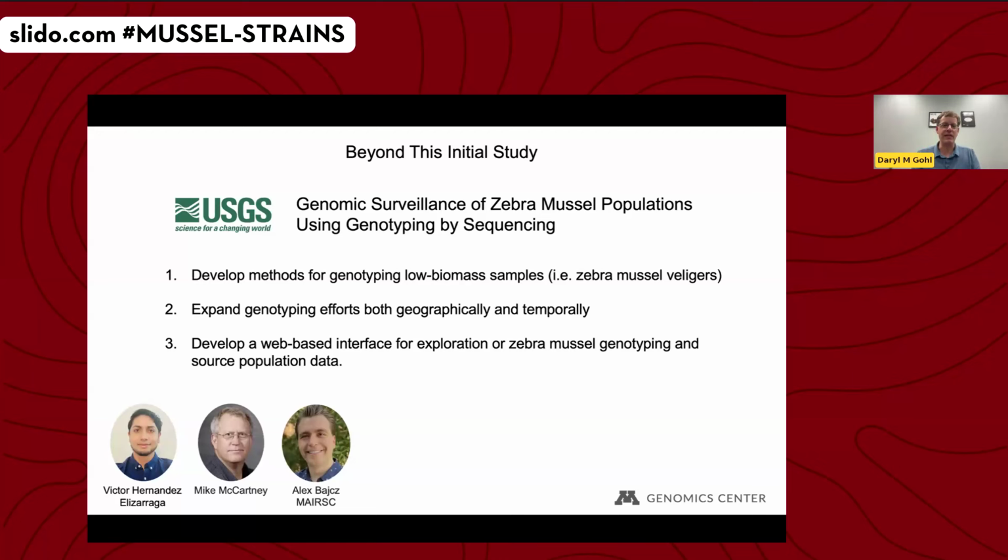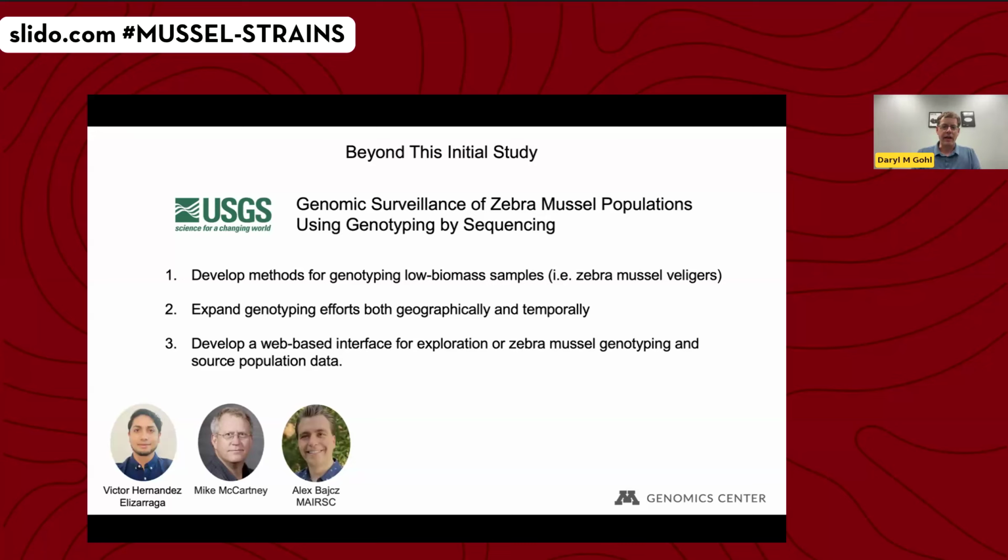That's what Victor is going to be telling you about. We're also working on expanding these efforts, sampling some of the 100 plus lakes that have been infested in Minnesota since 2018, and also expanding geographically and trying to fill in some of those potential missing links so that we can more reliably trace the source populations.